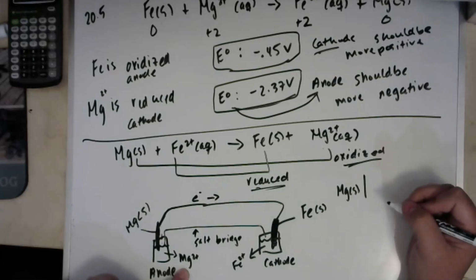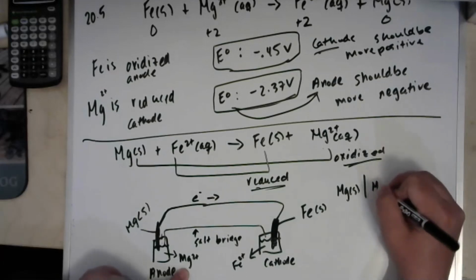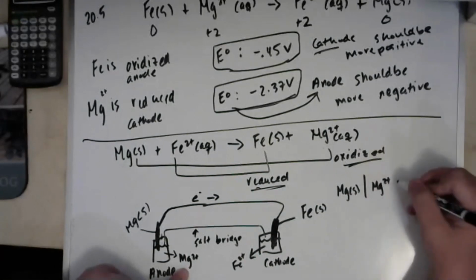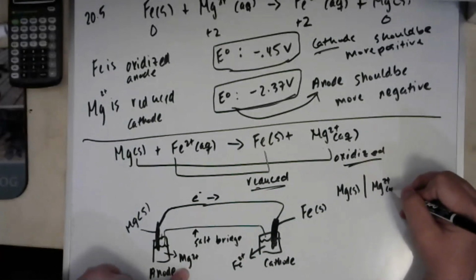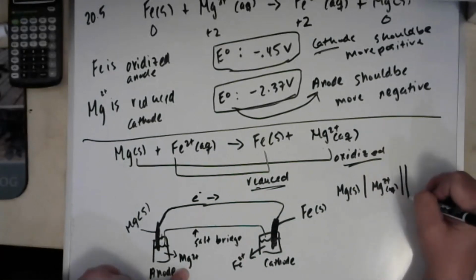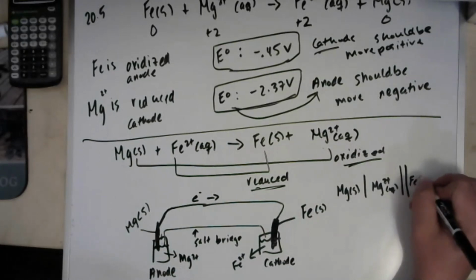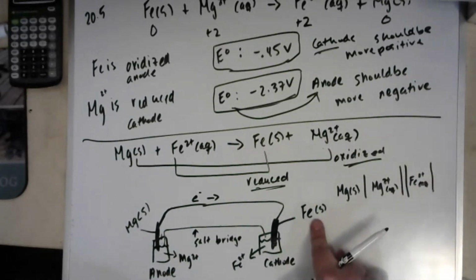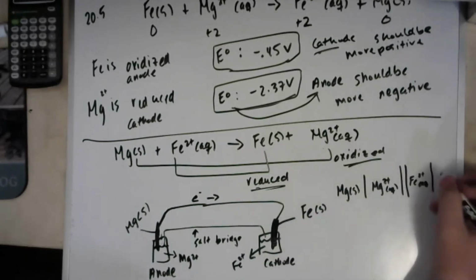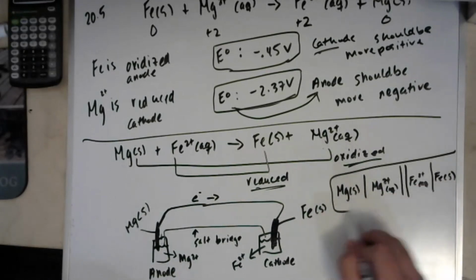Your magnesium solid is going to end up converting to magnesium ions. You can keep the states in there. Then you're going to encounter the salt bridge, which is a double line. And then you're going to encounter the iron ions, and then you're going to encounter the iron solid. So this is called cell notation.